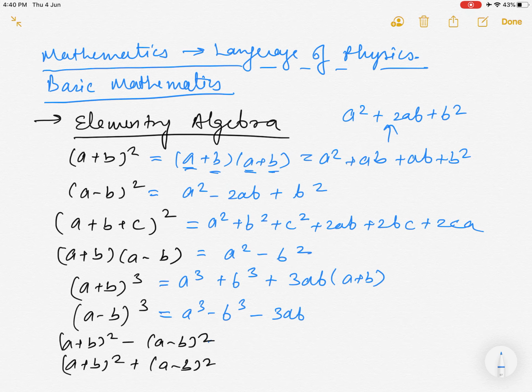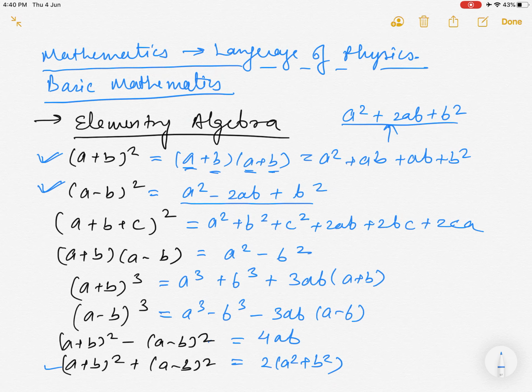Similarly, the formula for (a minus b) whole cubed can be written as a cube minus b cube minus 3ab, and in bracket (a minus b). When you put the values from here into this formula, you'll get it as 4ab. And again, when you put the values from there to here, you'll get the formula as 2(a squared plus b squared). So again, these are the formulas which you need to keep in mind.